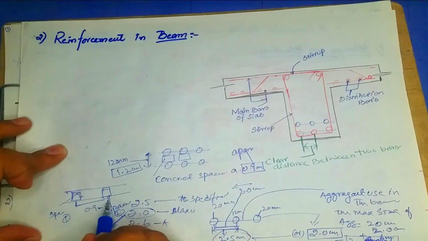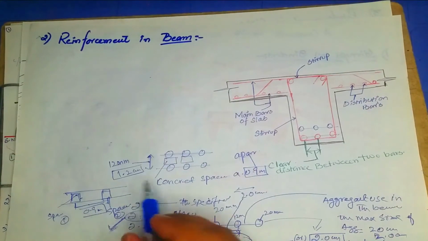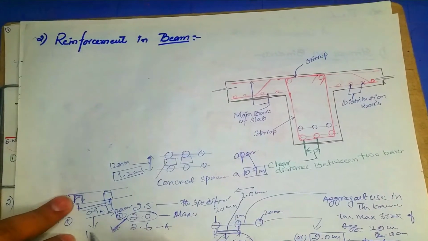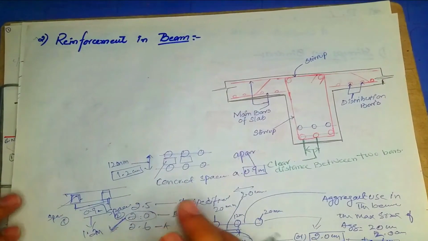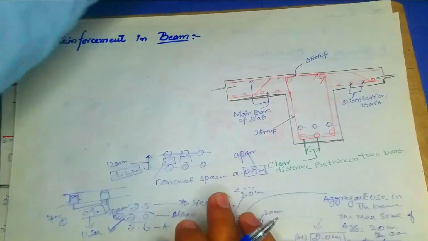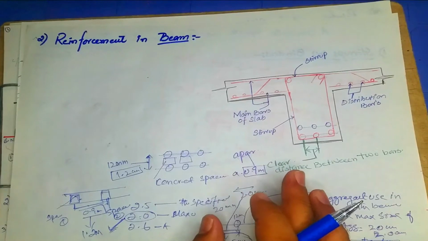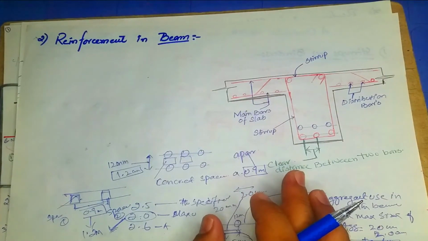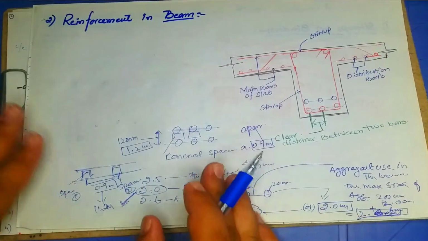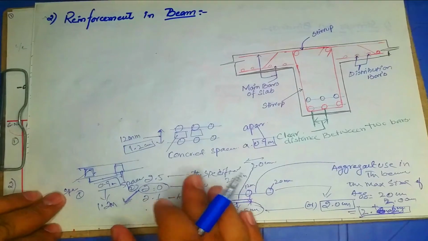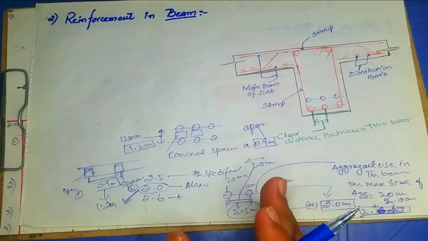The distance between these two spacers must not be more than 0.9 to 1.2 meter throughout the length of the beam. Wherever there are two or more layers of reinforcement, these are the basic points for the distance between spacers.